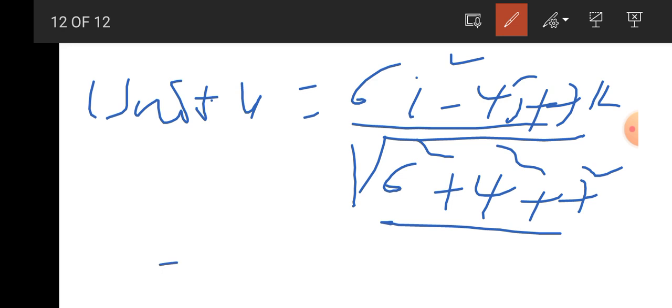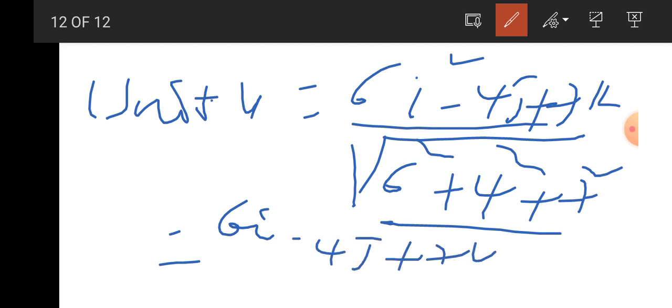Therefore unit vector is equals to 6i minus 4j plus 7k over the square root of 101.